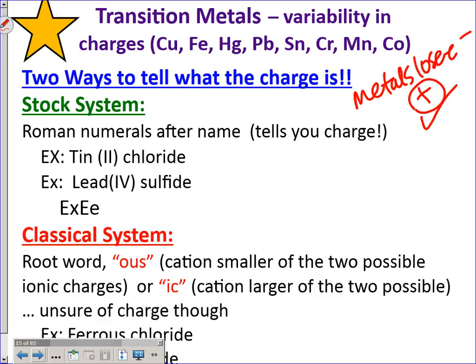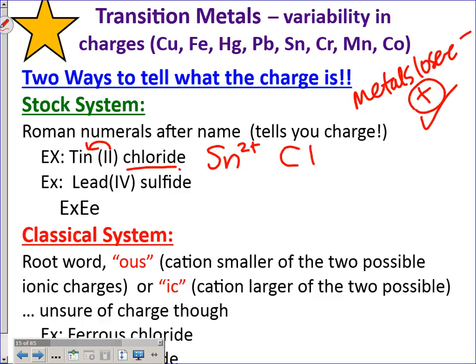So this is only for transition metals. If I say tin-2 chloride, the Roman numeral is telling you tin's charge. So what's tin's charge? 2+. Write that out as you write your example out. So Sn is what the tin symbol is. 2+ is its charge. Look at chlorine. What's chlorine's charge? Look at the periodic table for chlorine. -1.